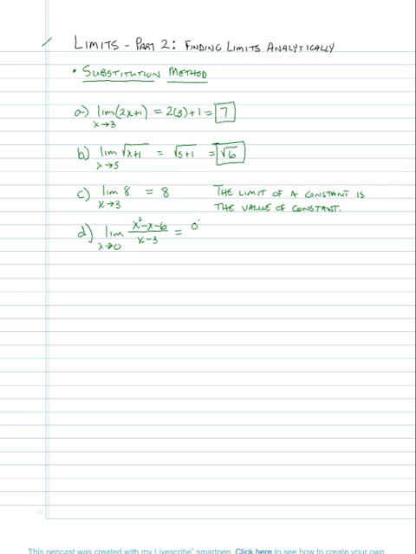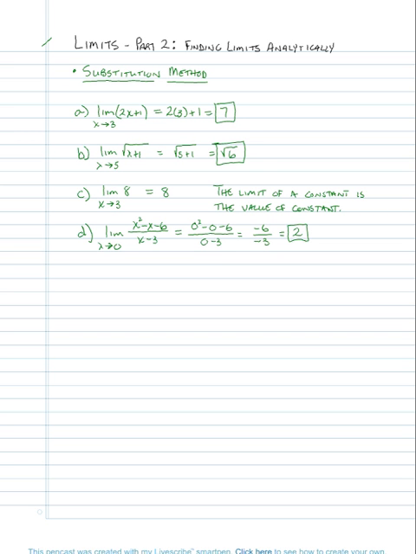We would have 0 squared minus 0 minus 6 divided by 0 minus 3. And of course the numerator would simplify to negative 6, the denominator to negative 3, and negative 6 divided by negative 3 will be a positive 2. So there is no trouble with this using the substitution method. And once again, this is the preferred method.